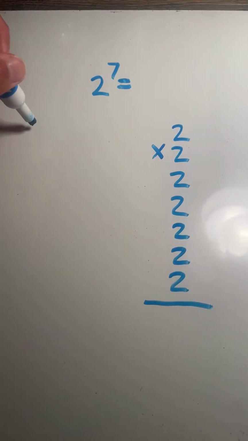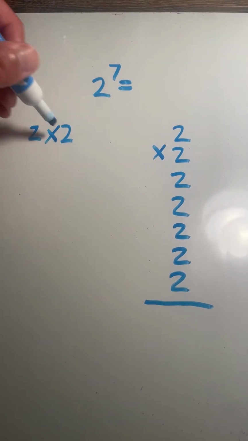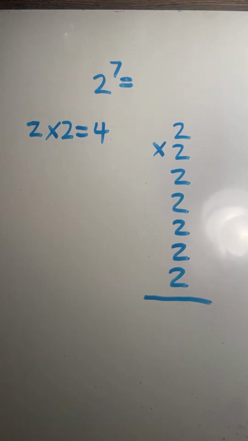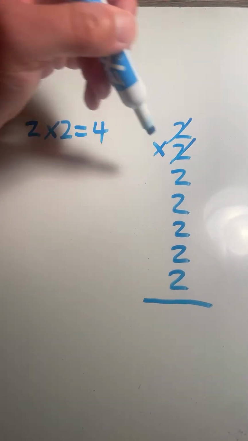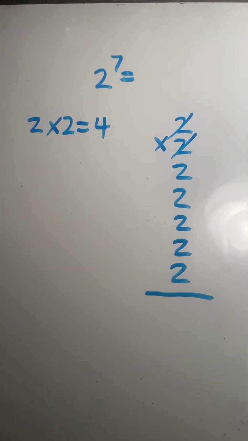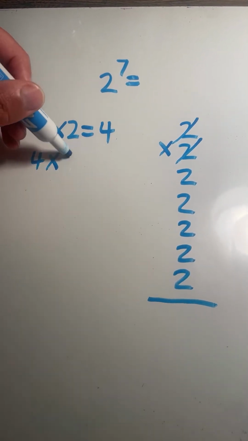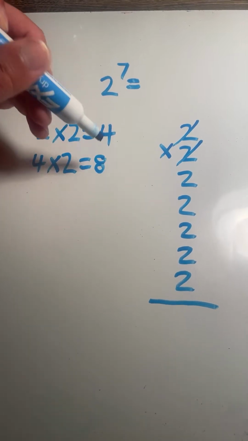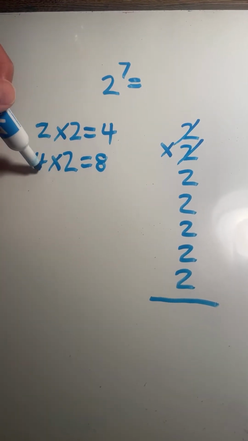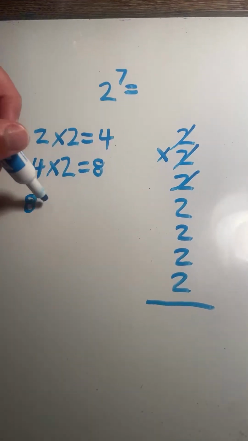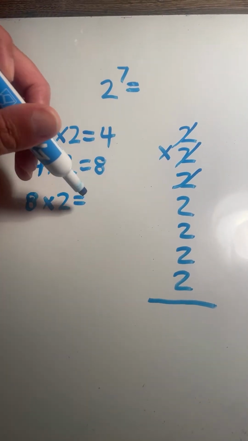So 2 times 2 starts out simple. 2 times 2 equals 4. So we have just multiplied the number 2 twice. 4 times 2 equals 8. We've just multiplied the number 2 3 times. 8 times 2 equals 16.